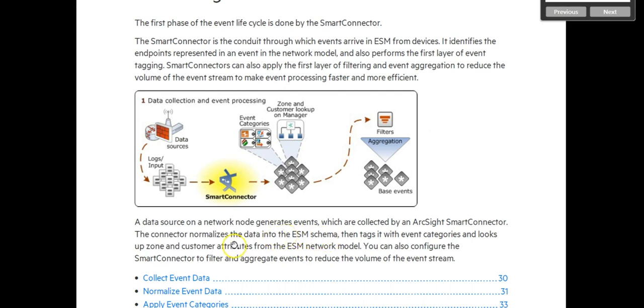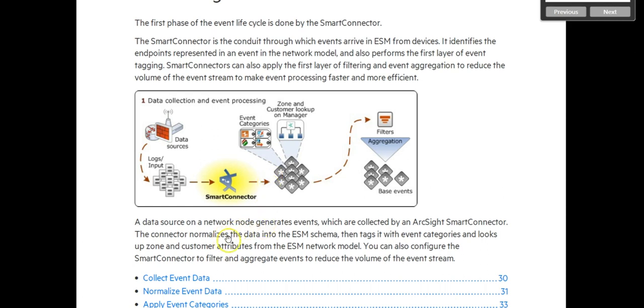So the normalization is all about putting the logs, which come from different sources and in different formats, into a common ESM schema, and it tags these events with categories. As we see here in the diagram, categories are like tagging. You tag this log as an access log. You tag this log as an authentication verification log. This is the tagging we mean.